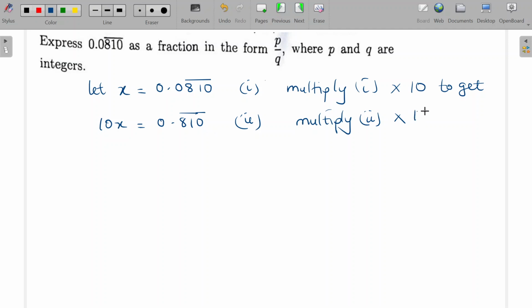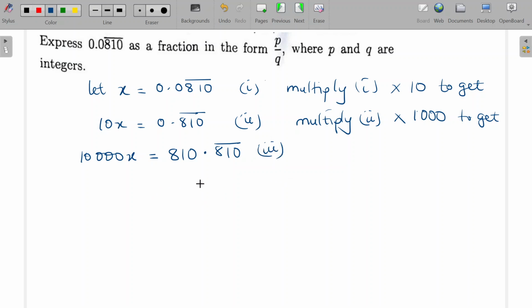So 1000 times 10x gives 10,000x, which equals 810.810 bar, and this becomes equation 3.